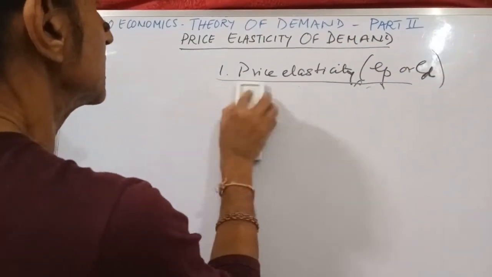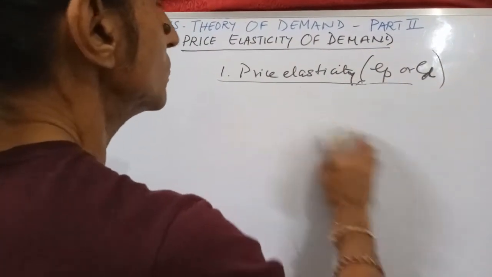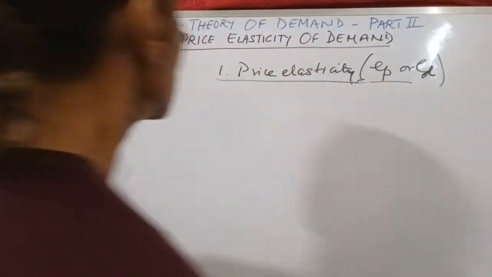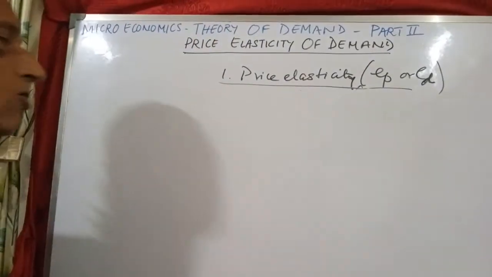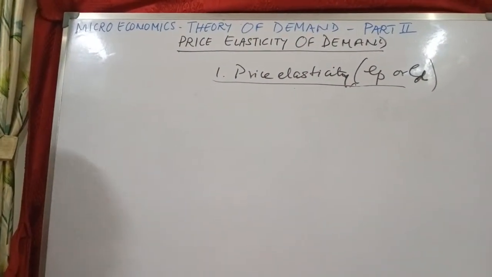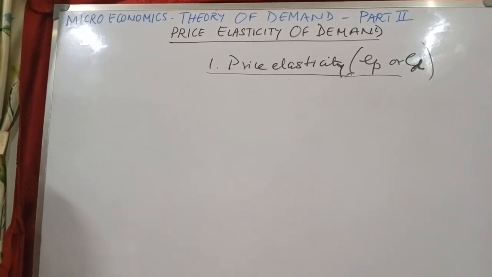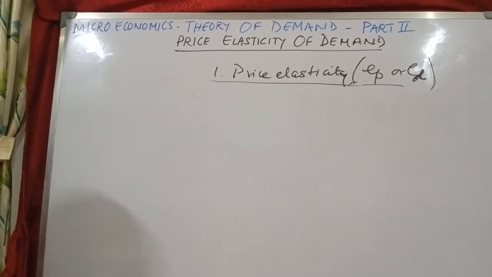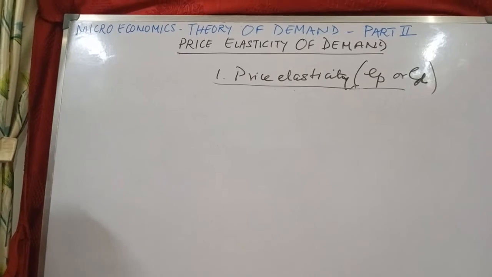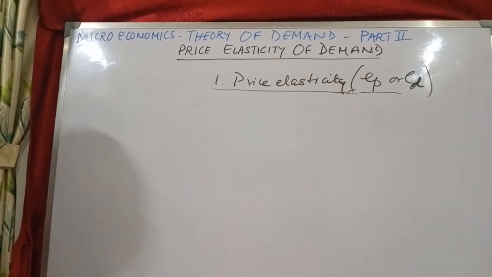Now, as we know, we have discussed in an earlier video the law of demand. What is the law of demand? The law of demand states the inverse relationship between quantity demanded of a commodity and price of that commodity, other things remaining constant.